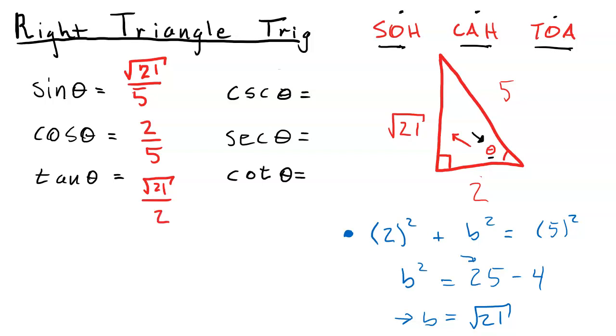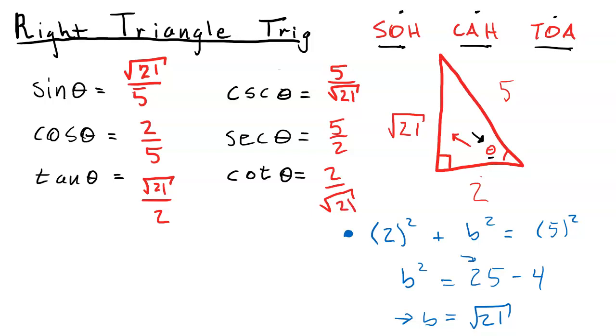Cosecant is hypotenuse over opposite, so that's 5 over square root of 21. Secant theta is hypotenuse over adjacent, so that's going to be 5 over 2. And cotangent theta is going to be 2 over square root of 21.